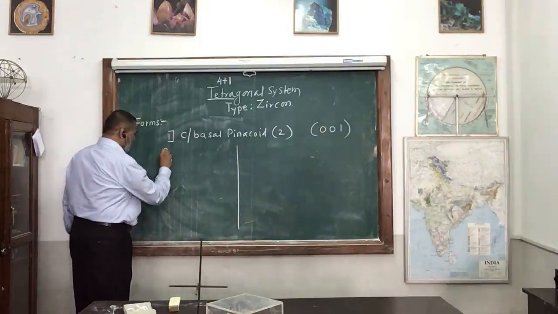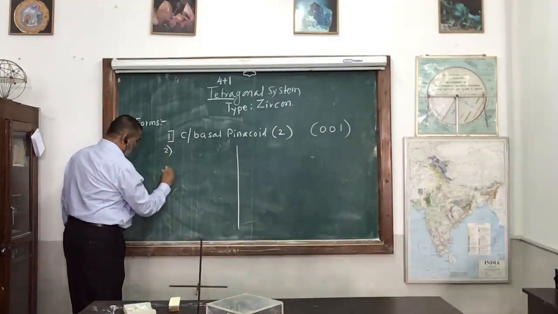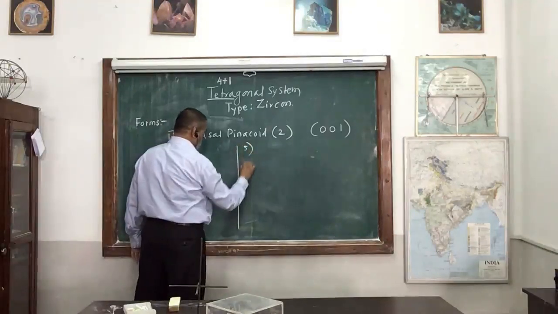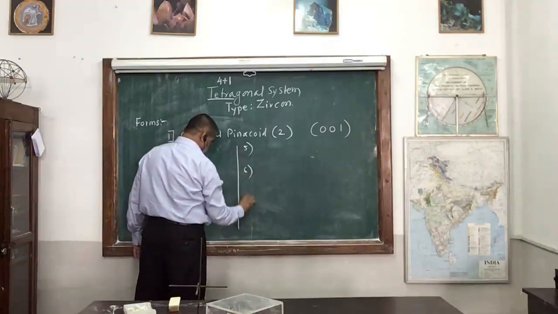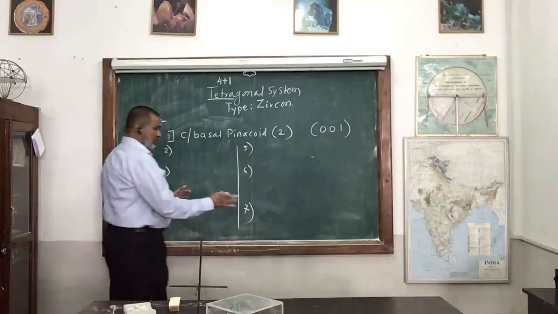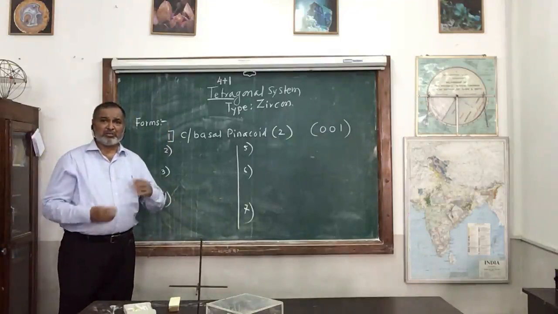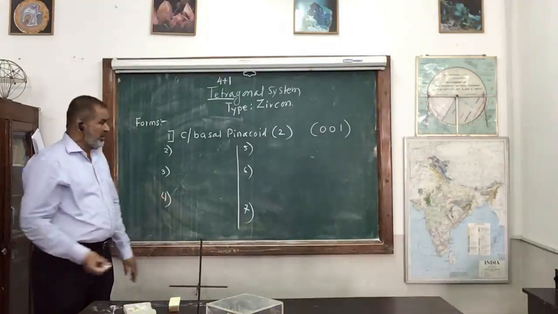Now I'll make 2 particular sections: the second one, third one and fourth one, then the fifth, sixth and seventh. I'll try to make a comparison so you get the simplest shortcut to remember the forms and indices.